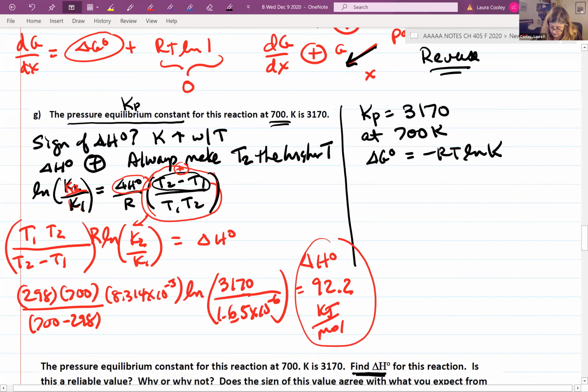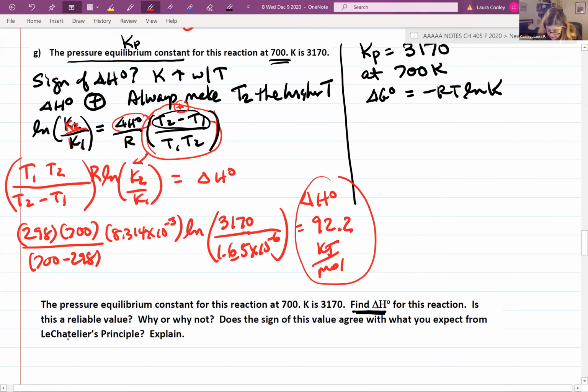So now it says, is this a reliable value? So what can you say about this value? What's assumed about it in order to figure out what it is? We have made a pretty egregious assumption, actually, because this is a temperature range from 300 to 700 Kelvin. So we're basically saying over a 400 degree temperature range that delta H doesn't change at all. Because remember how this equation was derived.